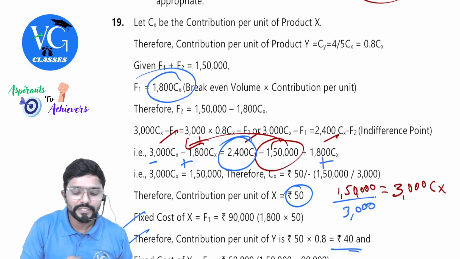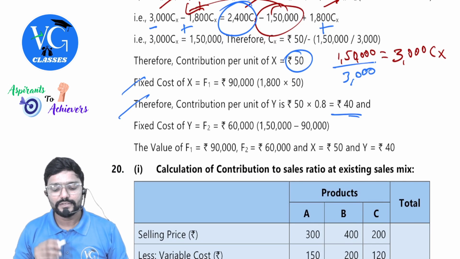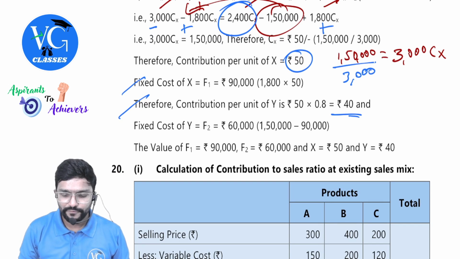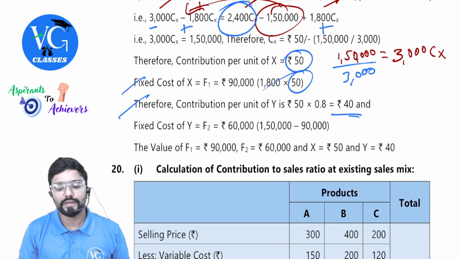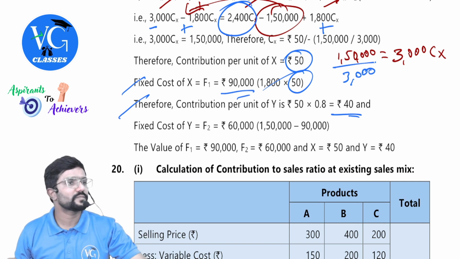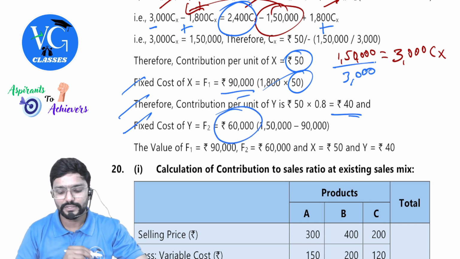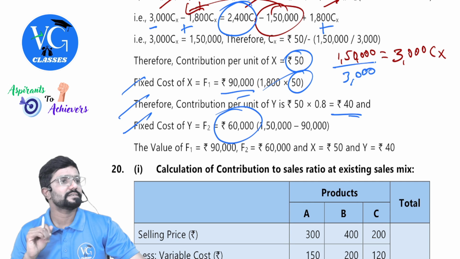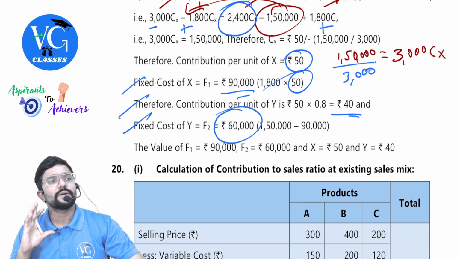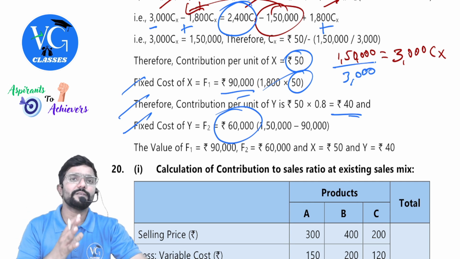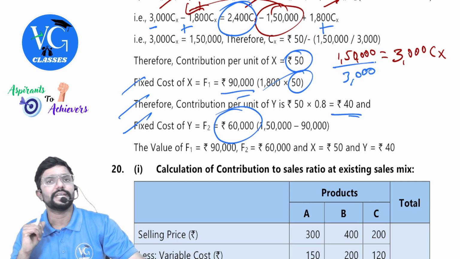F1 we have here as 1,800 CX. So 1,800 into 50 is 90,000. 1,50,000 minus 90,000 is our F2: 60,000. So F1, F2, and the contribution per unit of products X as well as Y we have found.